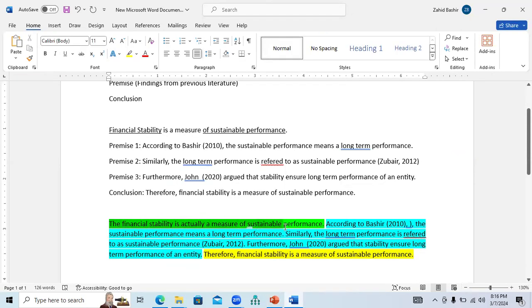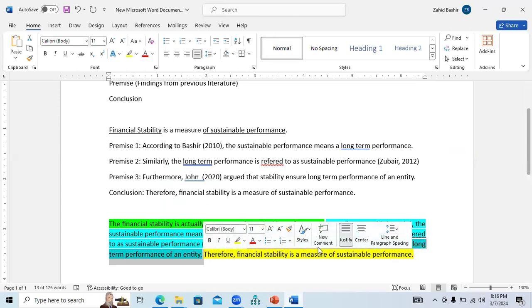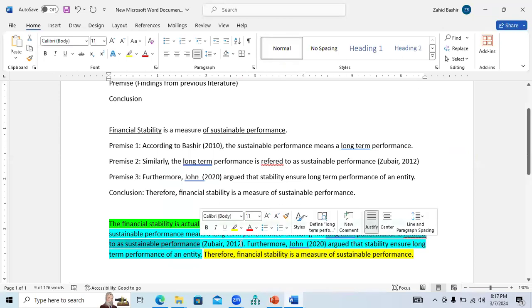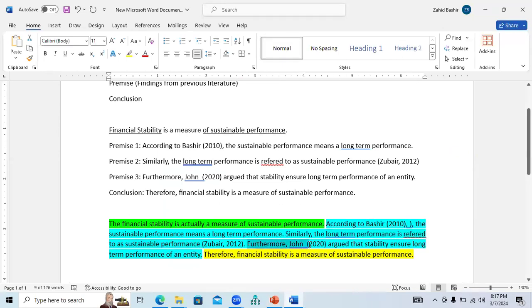at first I have presented a claim, then I provide logic from a study. Then again, I provide another logic from another study. So it is logical that someone has explained that sustainable performance is a long-term performance. Then someone said that long-term performance is referred to as sustainable performance. Then someone stated that stability is actually a long-term performance.